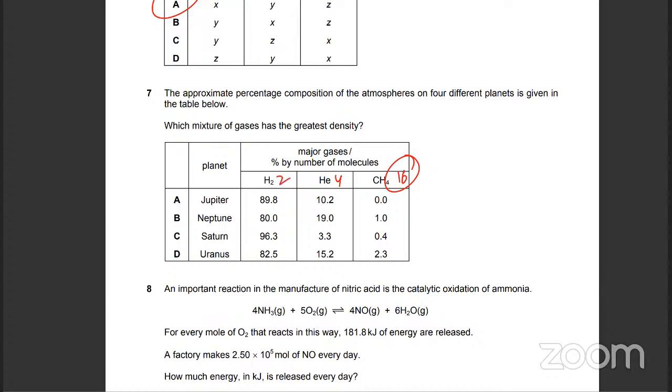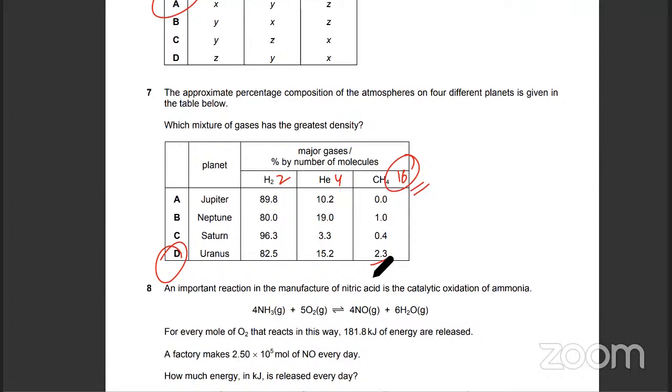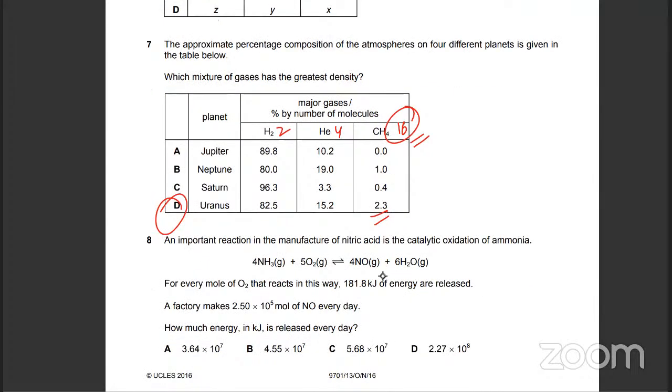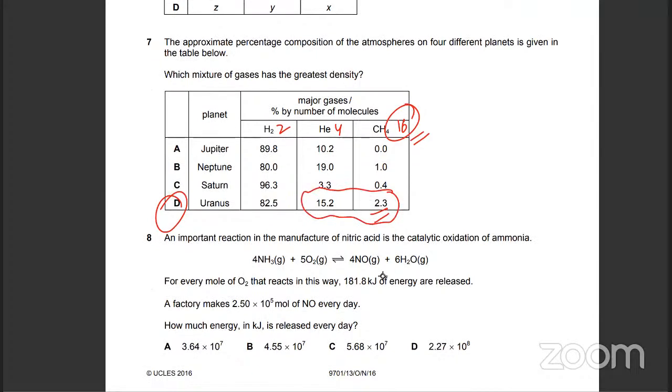If you want to answer this without calculation, the best one would be C, because 2.3% is the highest percentage of methane. And it's also one of the highest percentages of helium as well. So this would be the heaviest, because obviously it's got heavy gases, more of them. You don't even have to do calculation. You can tell that these two gases were heavy.